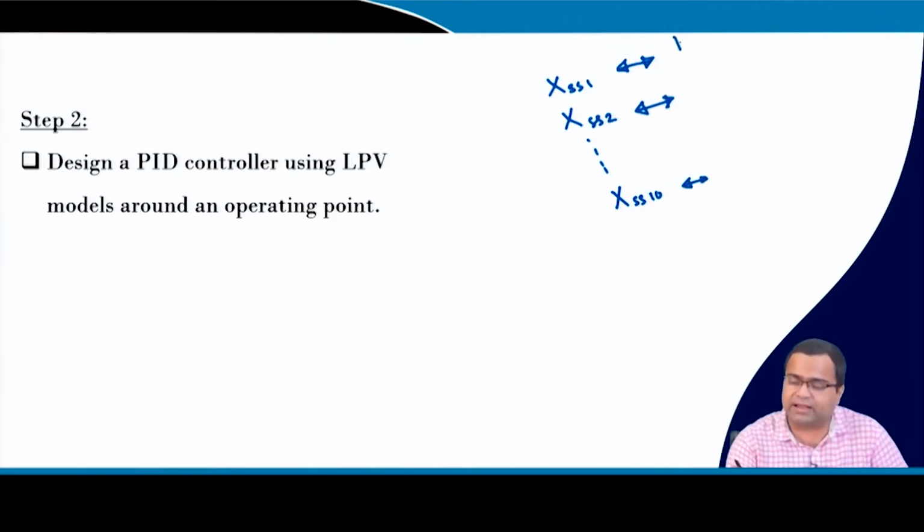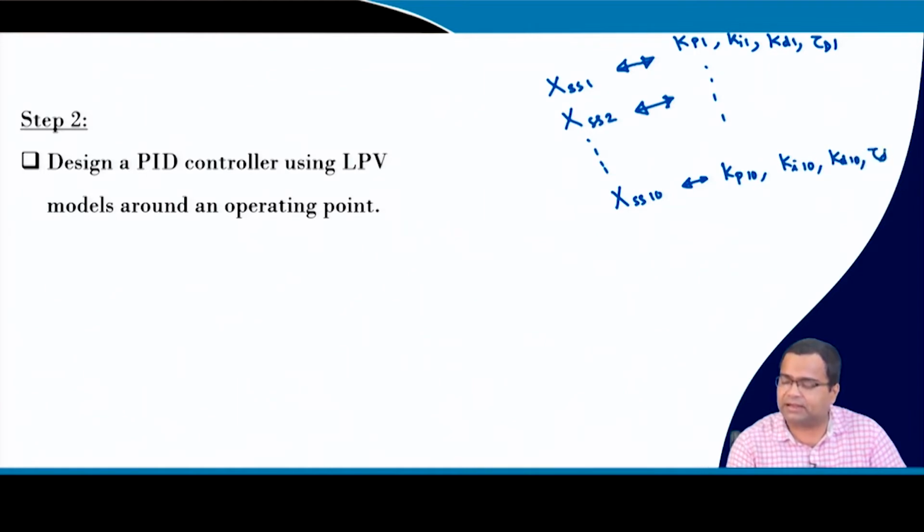That means I can write here KP1, KI1, KD1, tau D1. In that way we can write up to KP10, KI10, KD10 and tau D10.